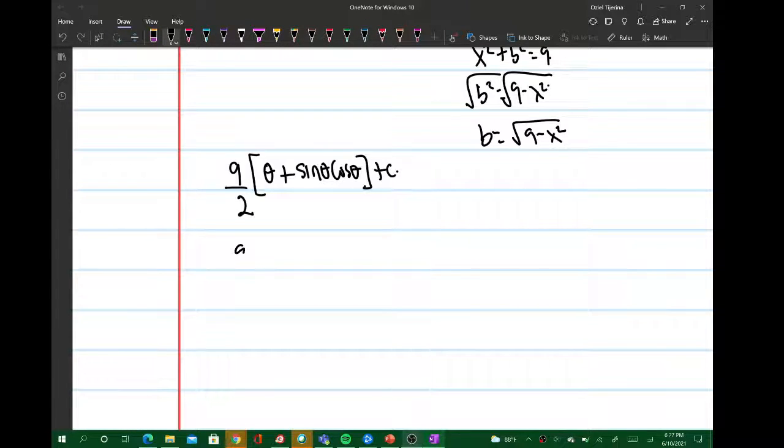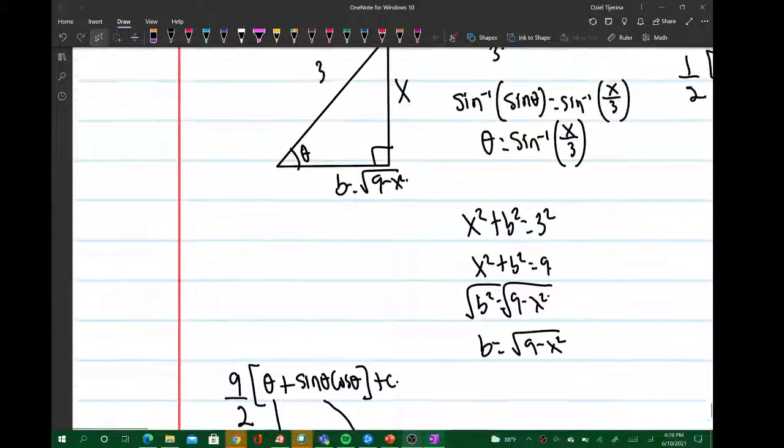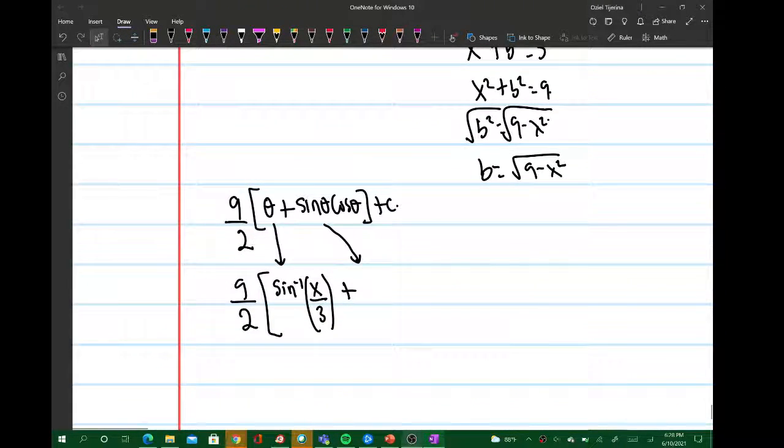So we're going to plug that in. We have 9/2 times sine inverse of x over 3, plus sine theta, which we said was x over 3, times cosine theta right here. It's sine theta, cosine theta.